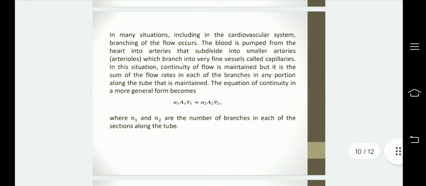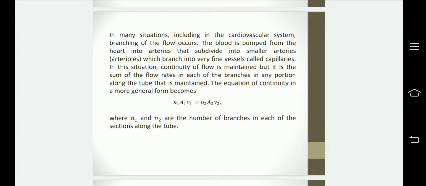In many situations, including in the cardiovascular system, branching of the flow occurs. Blood is pumped from the heart into arteries that subdivide into smaller arteries, or arterioles, which branch into very fine vessels called capillaries. In this situation, continuity of flow is maintained, but it is the sum of the flow rates in each of the branches in any portion along the tube that is maintained.